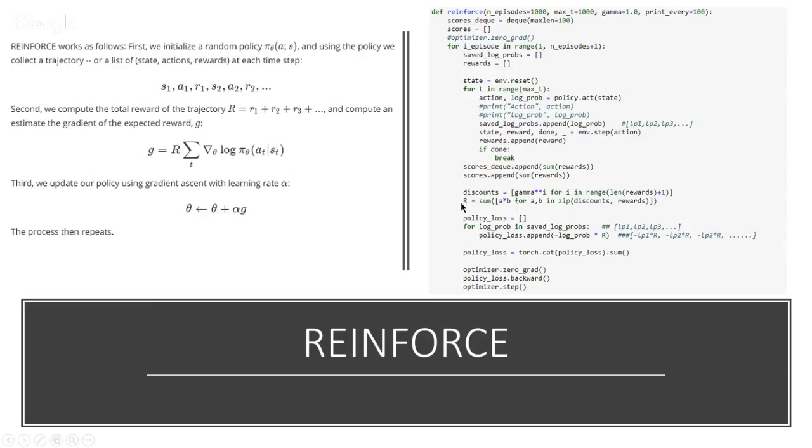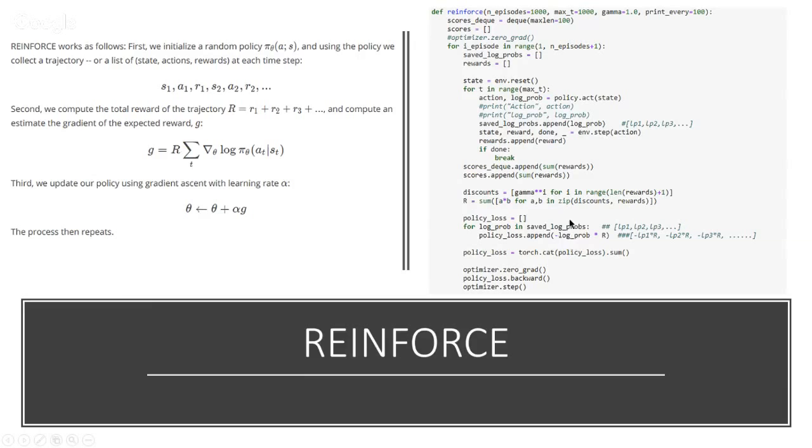So that's our r. Now the next part is this equation. How do we compute the function first before we take the gradient? That's what is happening here. We are taking minus log prob because we are doing a gradient ascent. So log probability times total r. Remember, this is total r for the whole episode, not the individual reward for each time step, and we got this from here.